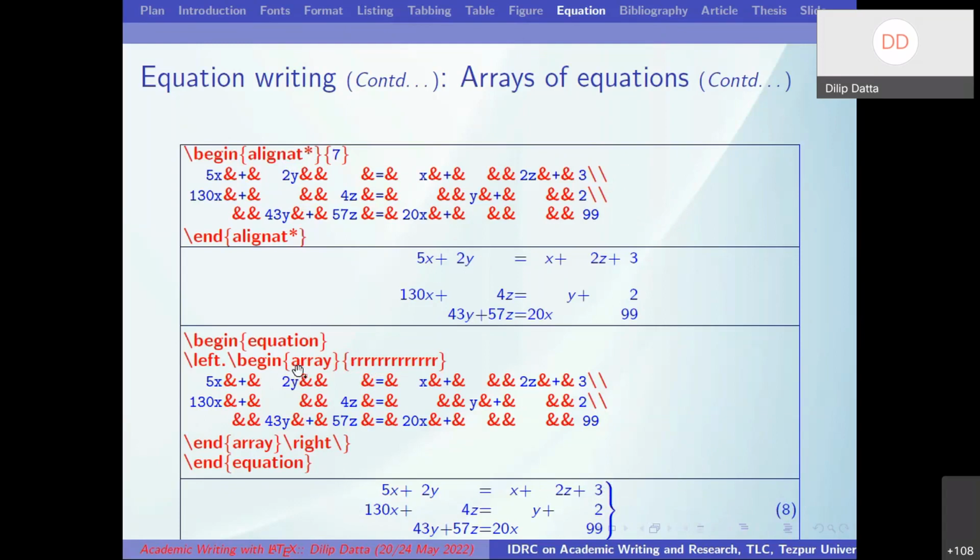In that case we can use the equation environment with array. Array is very similar to the table we discussed last time. The only thing is array is used in math mode and table is used in text mode. So in a similar way, we can prepare an array to align these terms vertically.